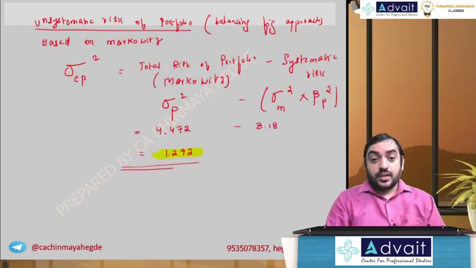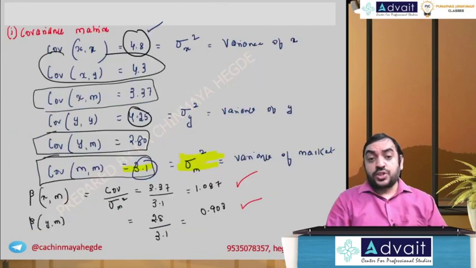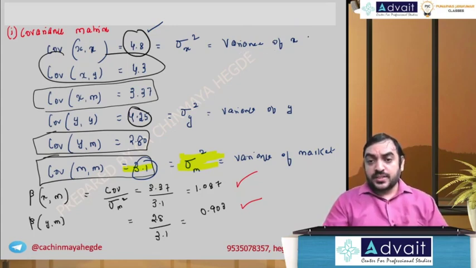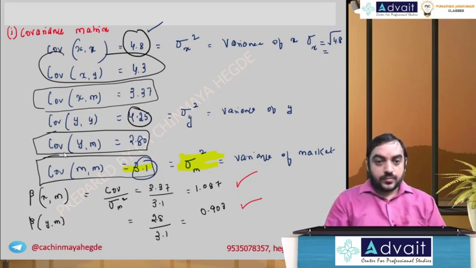Remember, in the first part of the question, what we identified are variances, but we need standard deviation. So let me do a square root of these and calculate the standard deviation. Variance of X is 4.8, so the standard deviation of X is the square root of 4.8, which is 2.19.